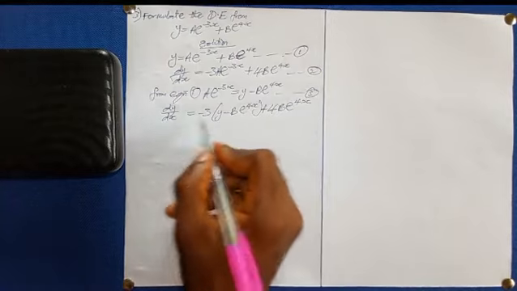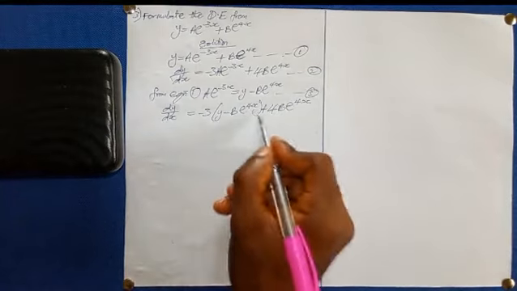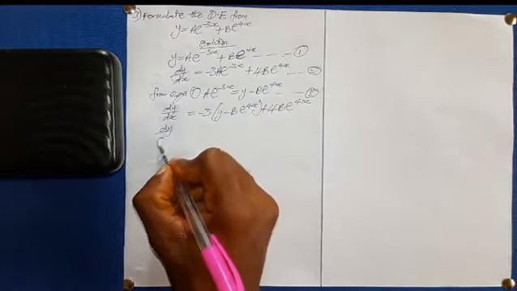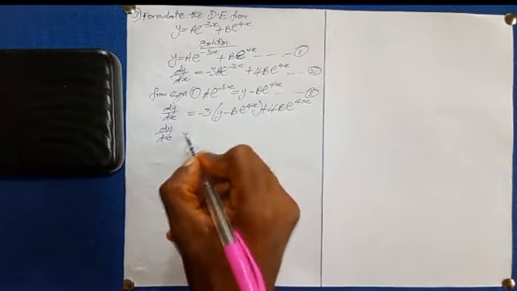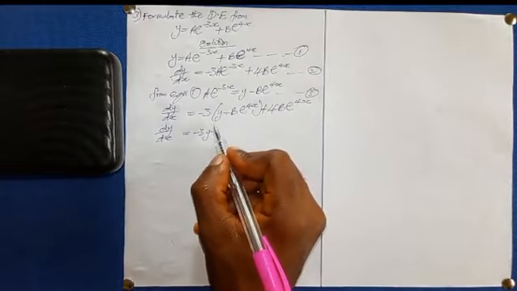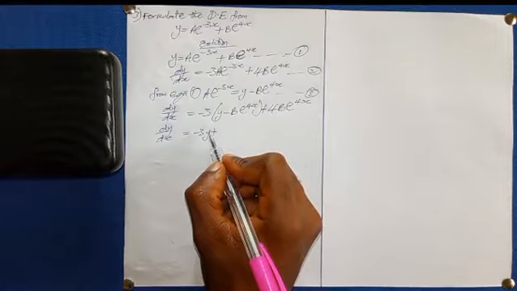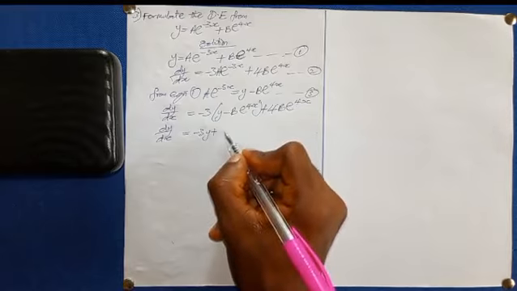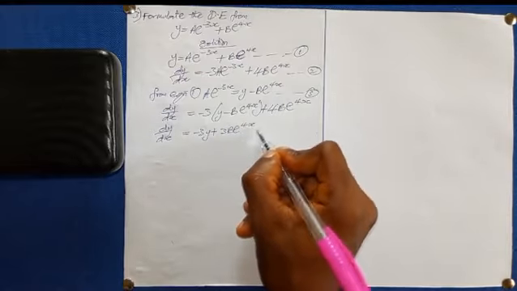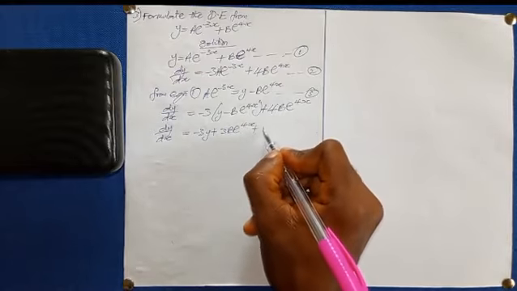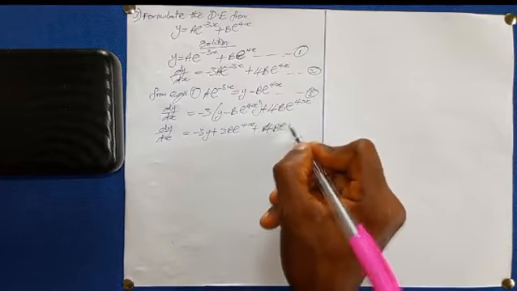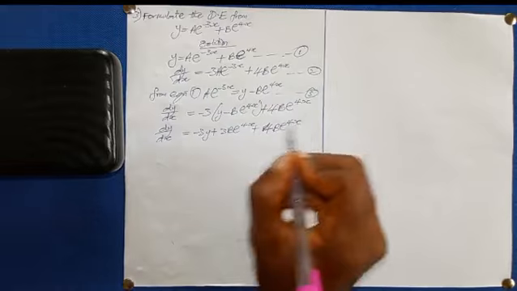So we try to remove this from the bracket. Removing this from the bracket, you have dy over dx is equal to minus 3y plus 3b exponential 4x plus this, which is 4b exponential 4x.